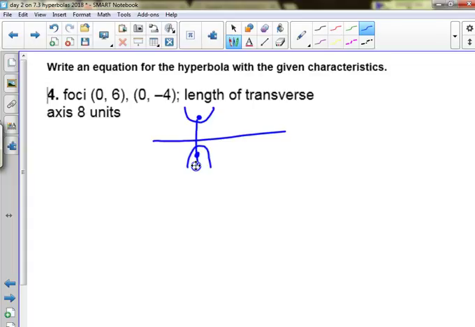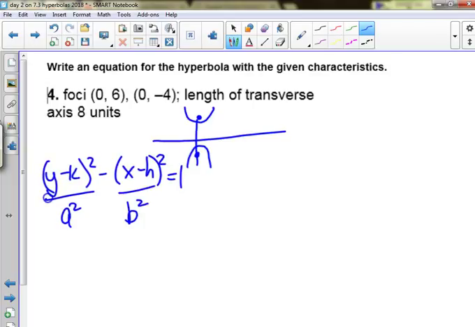So general form, what comes first? Y minus k squared minus x minus h squared, over a squared and b squared. Okay. You'll need the center, yes? Center equals midpoint, which would be 0, 1, maybe?